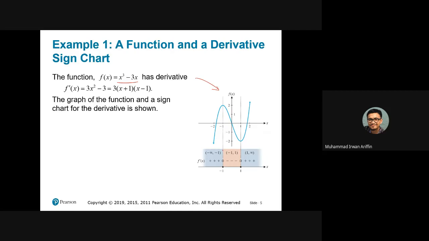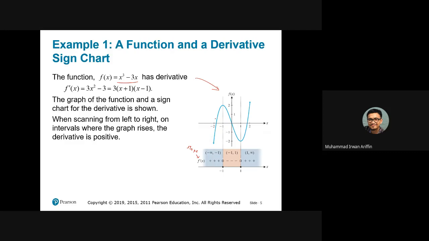Okay, we construct the sign chart. As you can see here, when we scan the graph from left to right, so we start from negative infinity, the graph is rising. It is going up. When it is going up, our derivative will be positive. The slope of this graph is positive. And that is how we put it here, the slope. So remember, f prime of x, the derivative, is our slope.